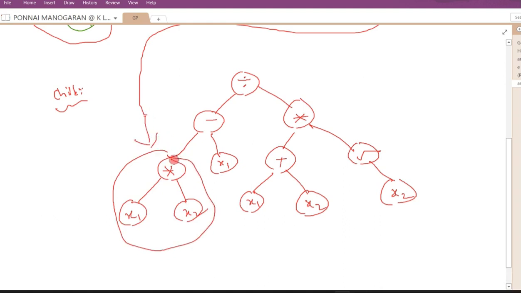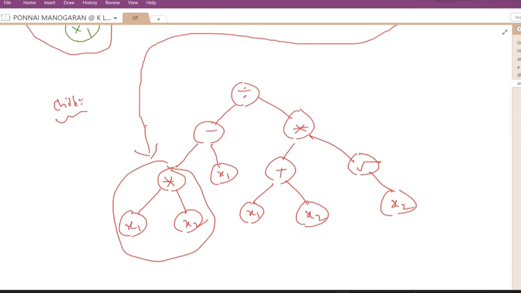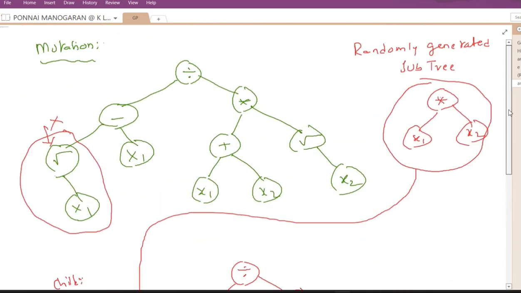See how we added at this randomly selected node with the help of a randomly generated subtree. This is how mutation is carried out.